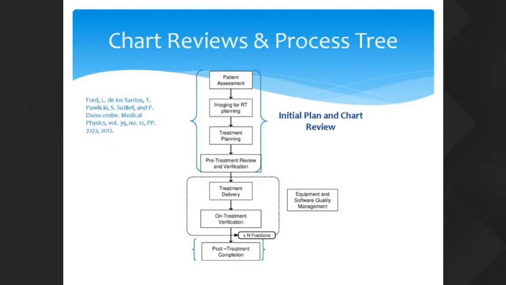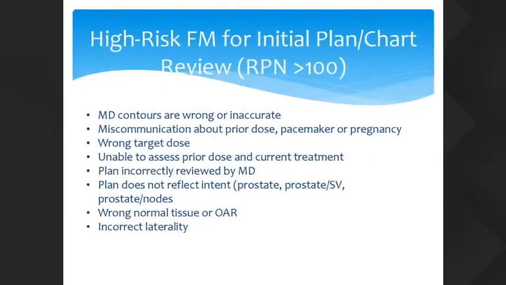The initial plan check review was the lengthiest and most intensive because, quite frankly, there were so many items to check. There were a total of 594 failure mode cause combinations. Here's a subset of the failure modes with RPN numbers greater than 100. See if you recognize any of them. Have you found them? Will you add them to your list?